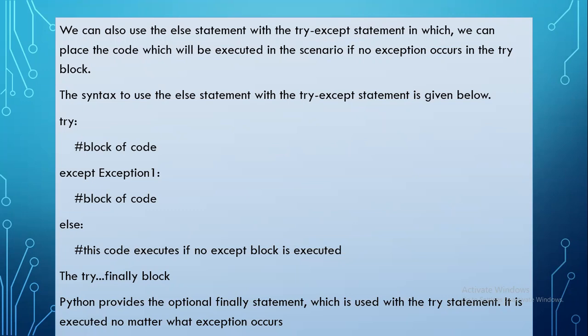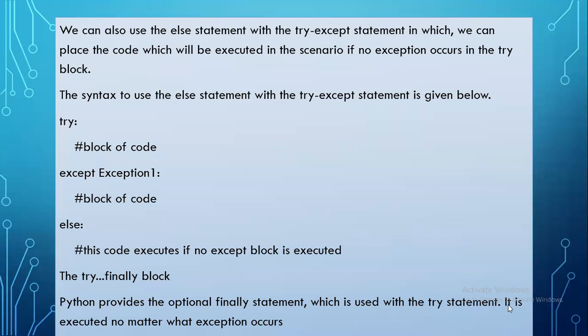If an exception is there, then the except block executes; if not, the except block will not execute. So when we want some block of statements or some particular area to be executed every time, whether or not an exception occurred, we give it using the finally block. Finally always gets executed, and it is used with the try statement.